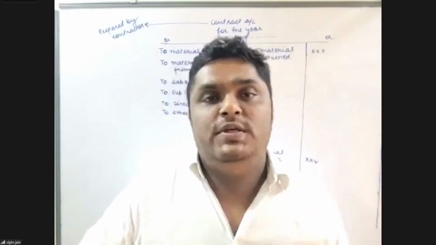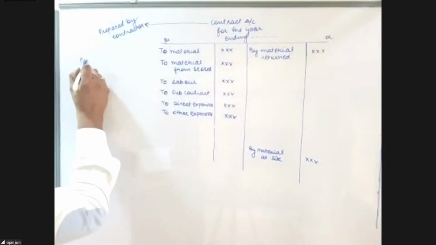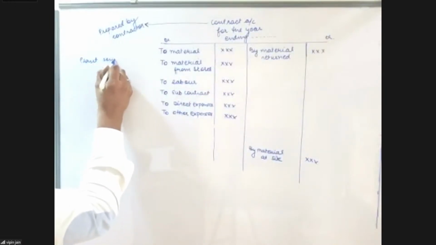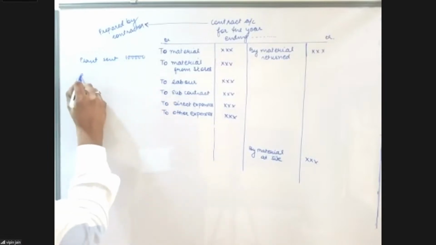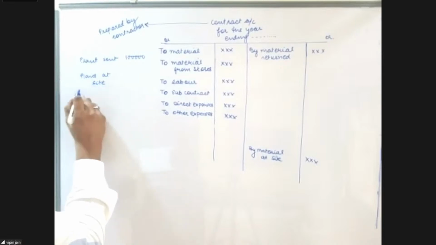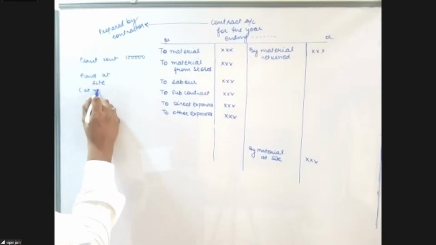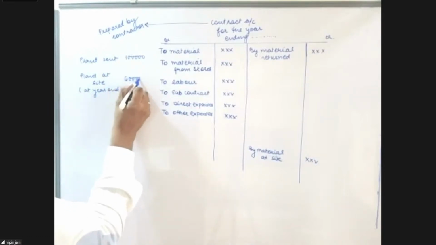You have two options. I repeat again. Plant sent 1 lakh. Plant at site at year end, it is, let's say, 60,000.